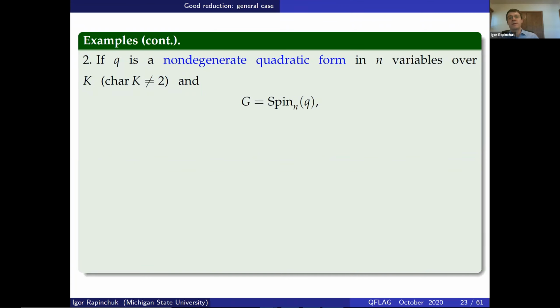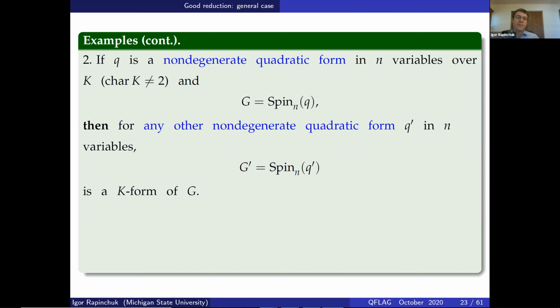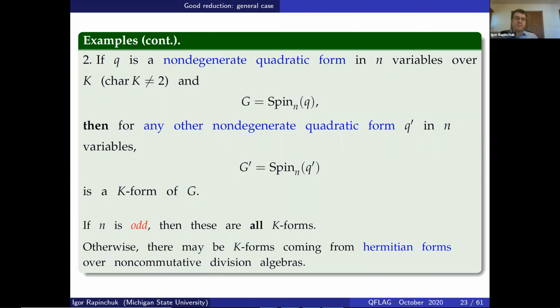If Q is a non-degenerate quadratic form in n variables, and G is the corresponding spinor group, then the spinor group of any other non-degenerate quadratic form Q prime in n variables is a K-form of G. From the classification of such groups, it is known that if n is odd, then these are precisely all the K-forms. But for even n, the situation is more complicated, and we may have forms coming from Hermitian forms on division algebras.